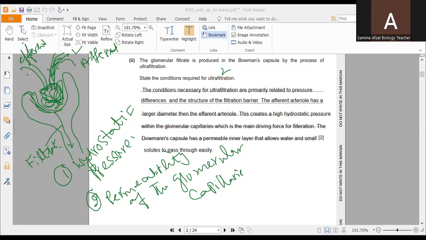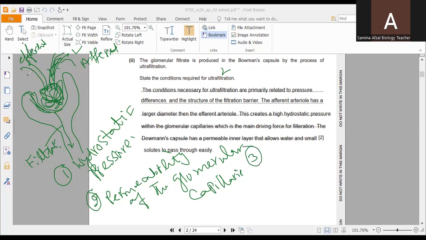And next, opposing pressures. While the high hydrostatic pressure in the glomerulus favors filtration, there should also be opposing pressures. So we can say the capsular hydrostatic pressure: the fluid already present in the Bowman capsule exerts a pressure that opposes further filtration.